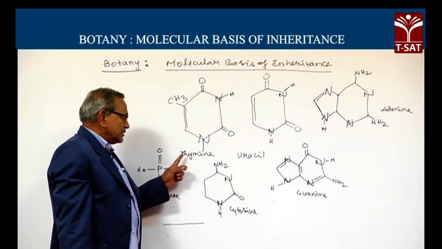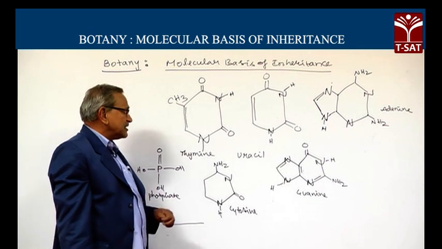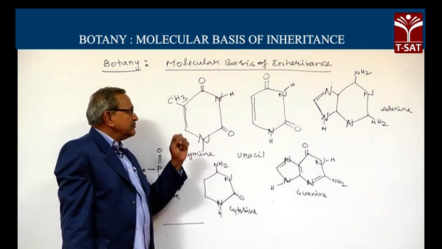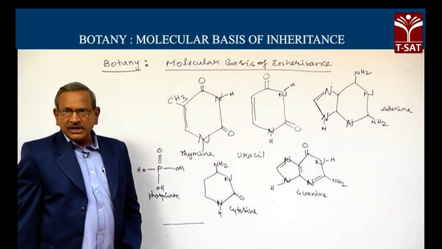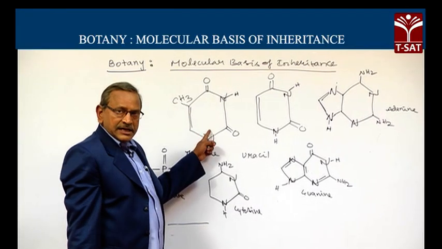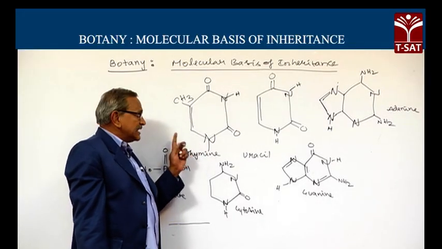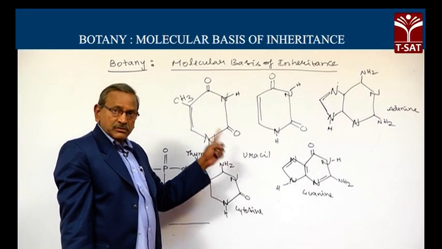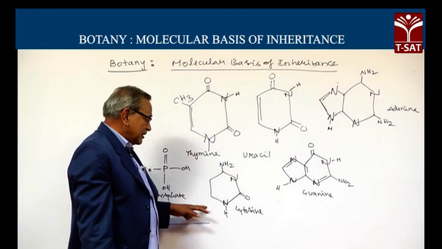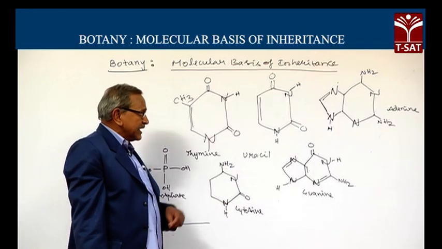Uracil is chemically modified to produce thymine, and thymine is called 5-methyl uracil. Thymine is present only in DNA, uracil is present only in RNA. Cytosine is present both in DNA and also RNA.